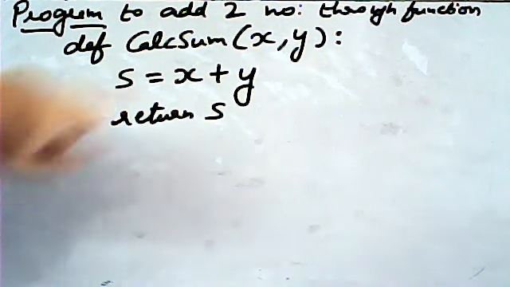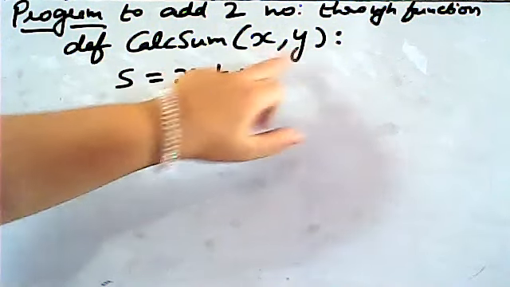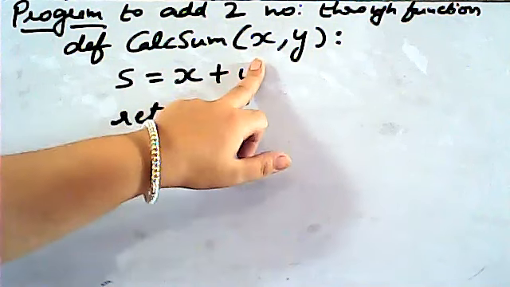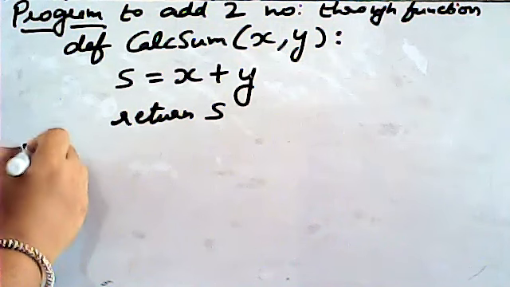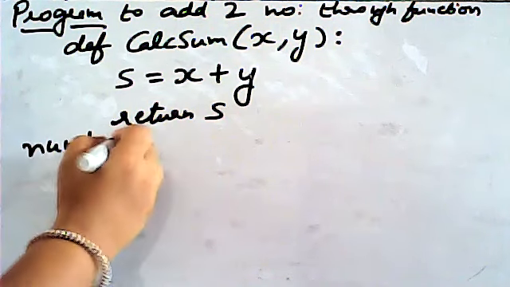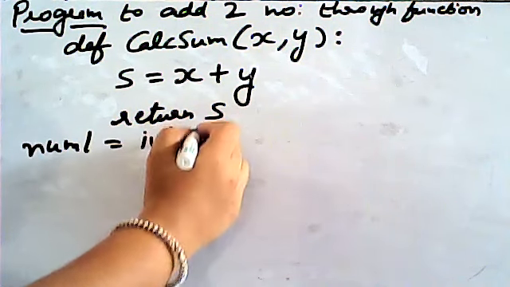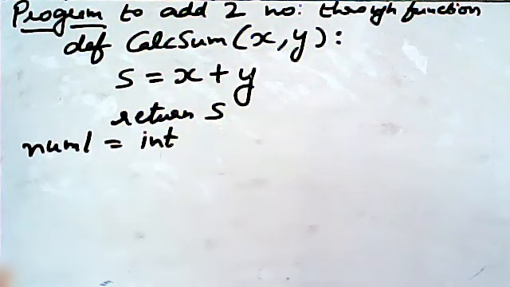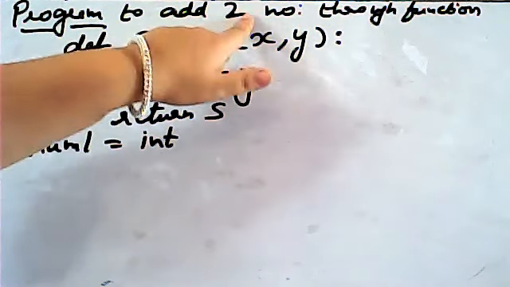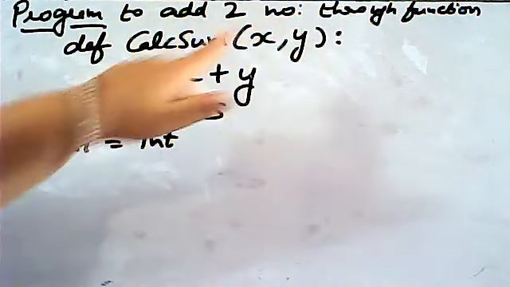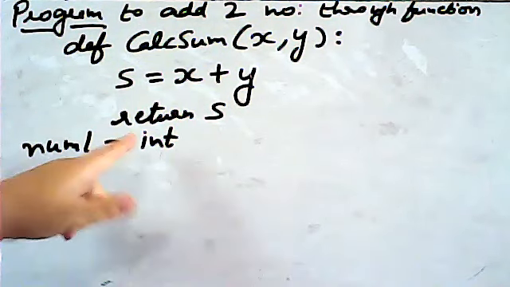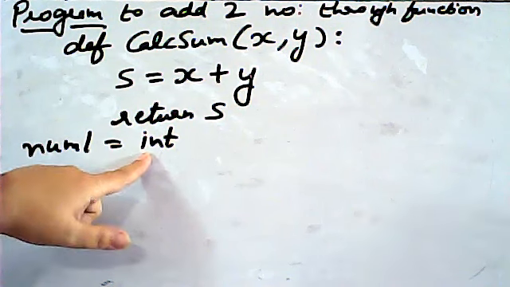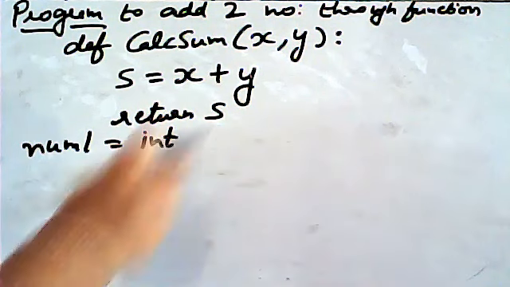Now obviously you have to take these values also. If I want these values from the user, how can we take them? First, num1 is equal to... these numbers may be integer and may be float. If I just write int here, it will not be a decimal value.